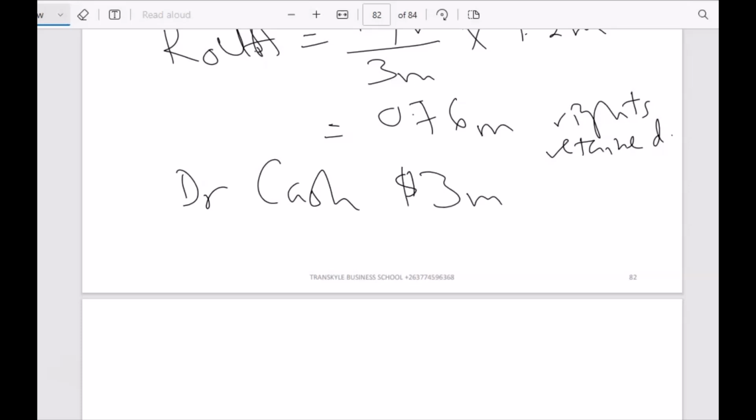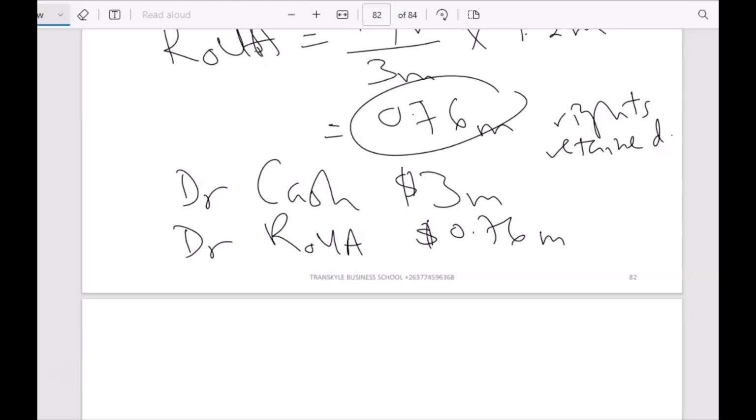We are also going to debit the right-of-use asset, which we have determined to be 0.76 million. And then we need to derecognize the asset from our records. So we are crediting the asset, which is the machine, which has been disposed of, at the carrying amount of 1.2 million. So this one is being derecognized, it is gone.